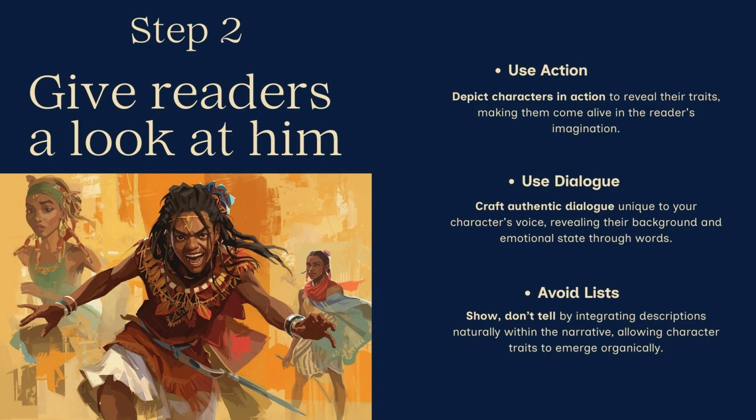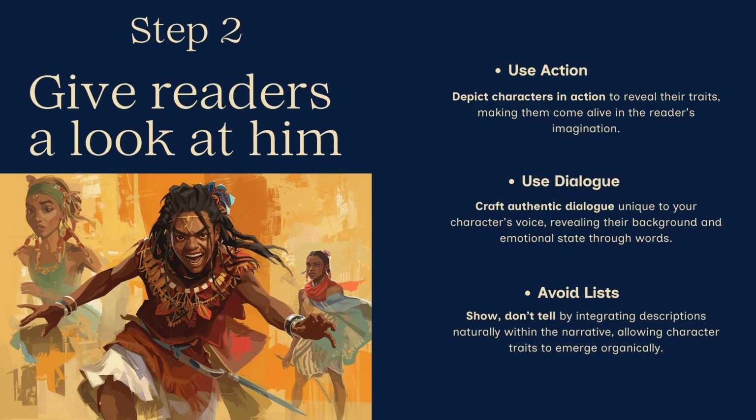Again, use dialogue. Craft an authentic voice, unique to your character, revealing their background and emotional states through words. As I teach regarding description of the sky, the weather and settings, it's important that your description of your main character is not rendered as a separate element.